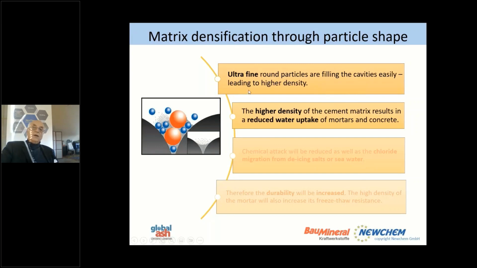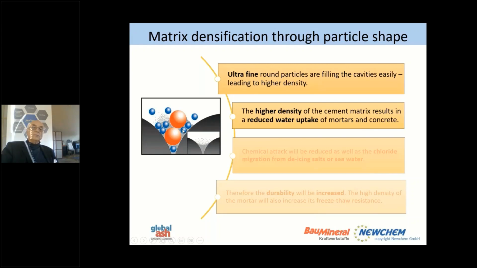Because naturally we are finer than cement, we can fill the cavities between the cement particles. You can also fill this naturally with microsilica. But here we have Microsit 10 and Microsit 20.